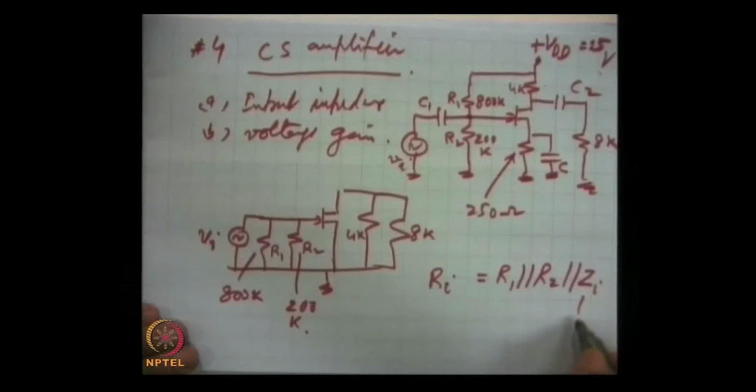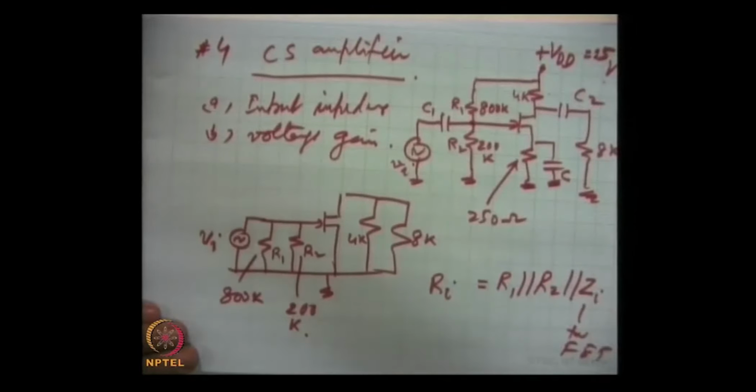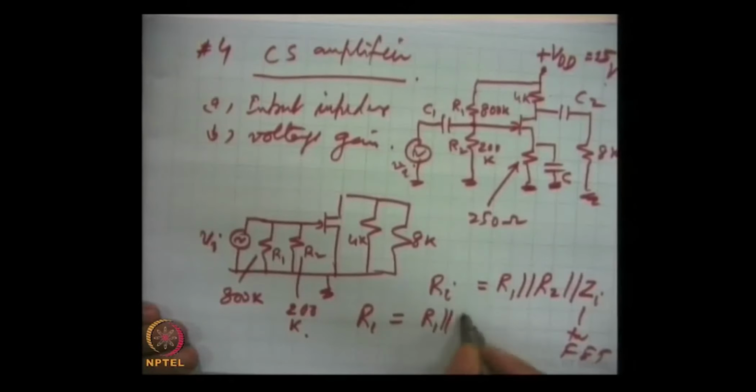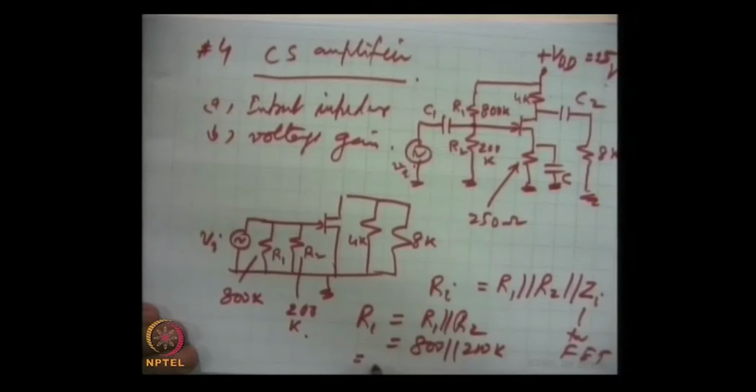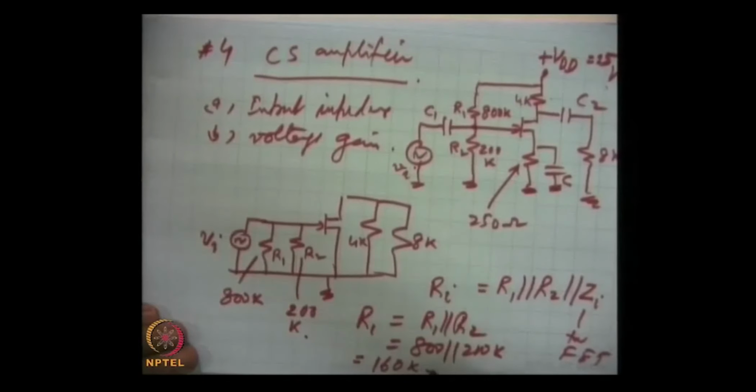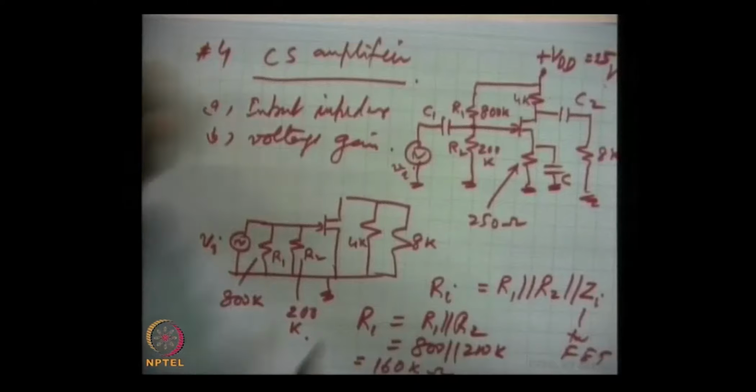This is for the FET, which is very high, and remember that in a parallel combination very high resistances can be neglected. So, this is actually Ri, simply R1 in parallel with R2, that is 800 K parallel 200 K. So, this comes out to be 160 kilo ohms. This is the input impedance as we will measure here.